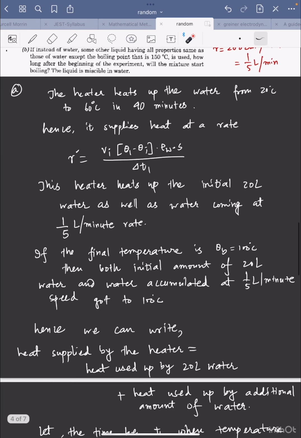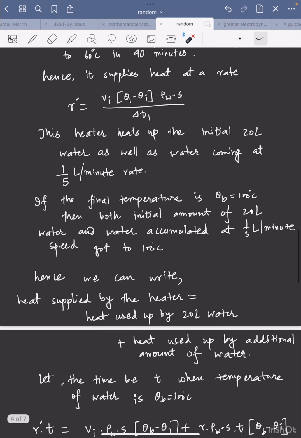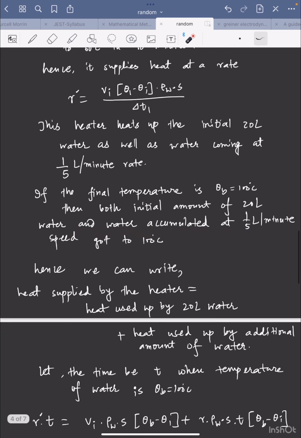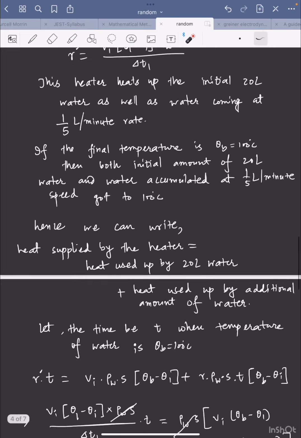This heater heats up the initial 20 liter water as well as the water coming at 1/5 liter per minute. If the final temperature is theta b, 100 degrees centigrade, then both the initial 20 liter water and the water accumulated at 1/5 liter per minute got to 100 degrees centigrade.